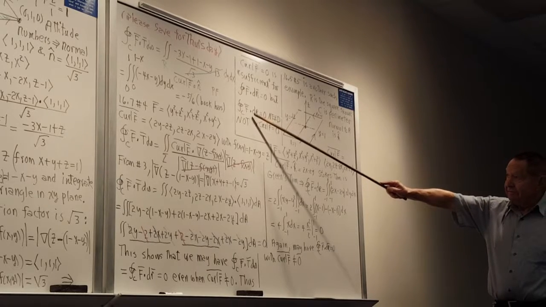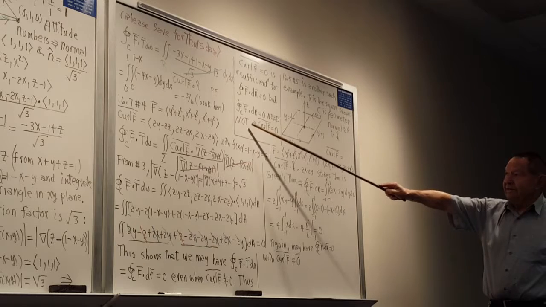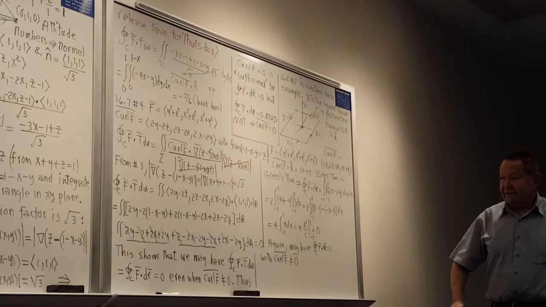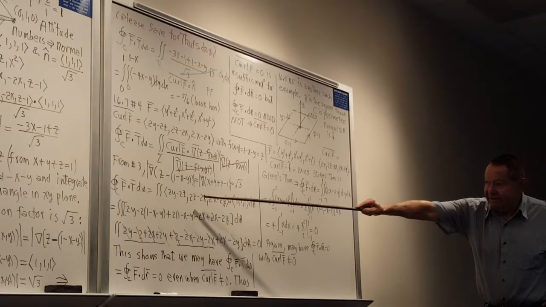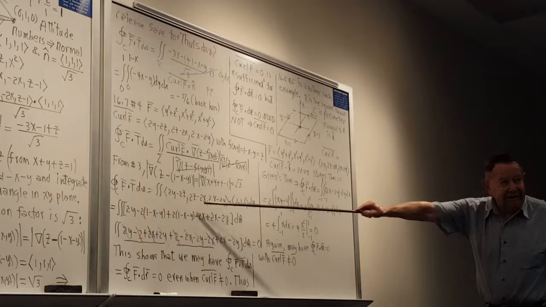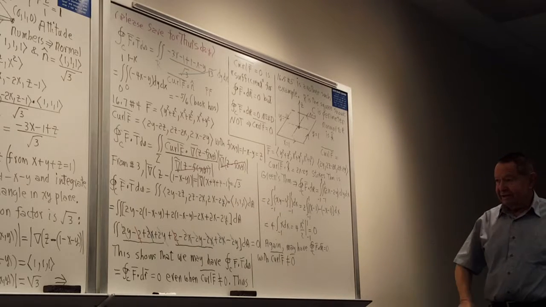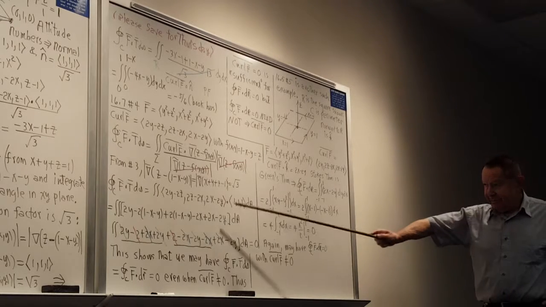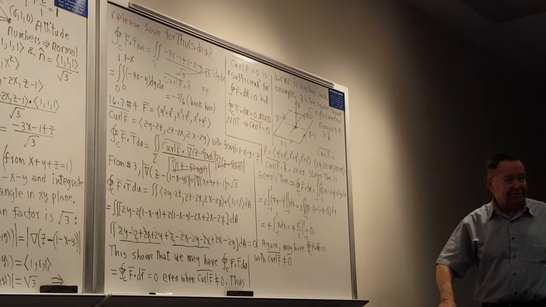If your circulation is 0, that doesn't necessarily mean that the curl is. It can be a curl that, when you do the dot product with the normal of whatever is your surface and parameterize it, will all just cancel out.